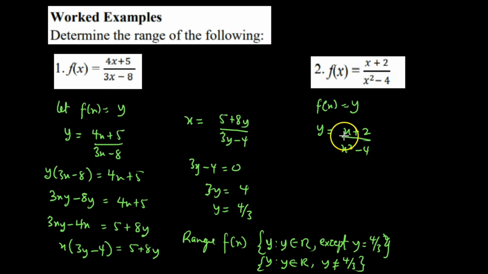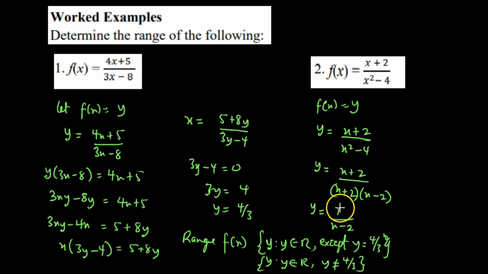If you look at it carefully, you realize that the numerator is a factor in the denominator. So we can simplify this whole expression before we state the range. We have y equal to x plus 2 all on x plus 2 multiplying x minus 2. When you simplify, you get y equal to 1 over x minus 2.